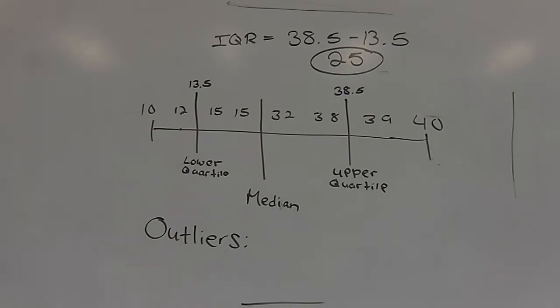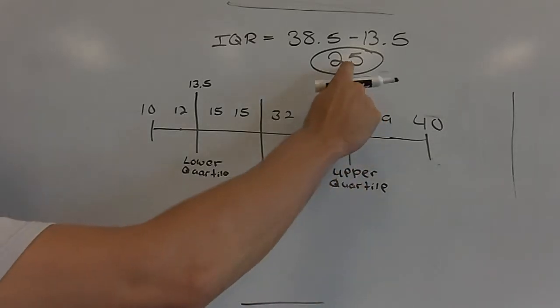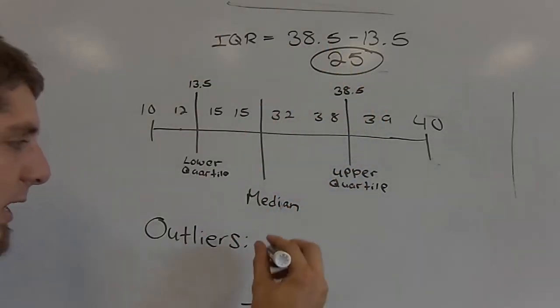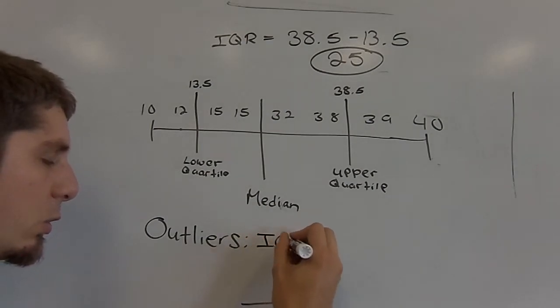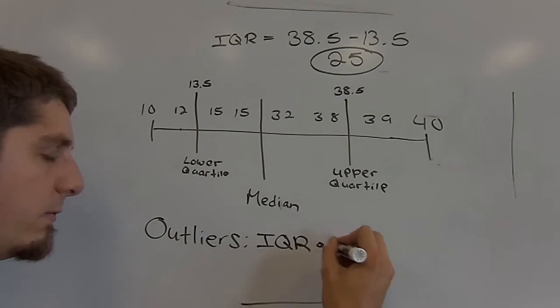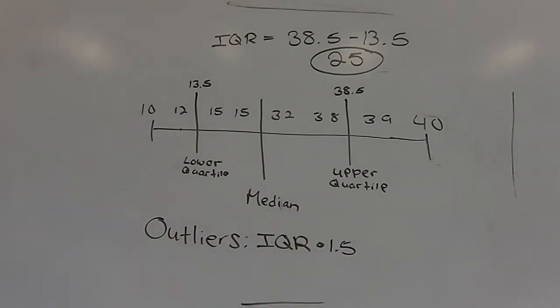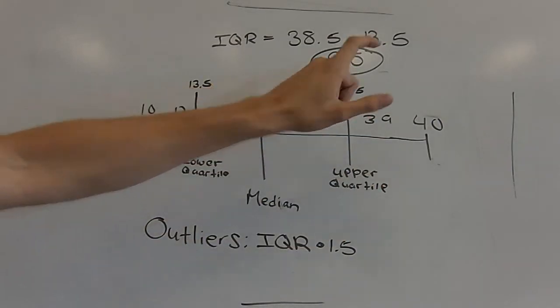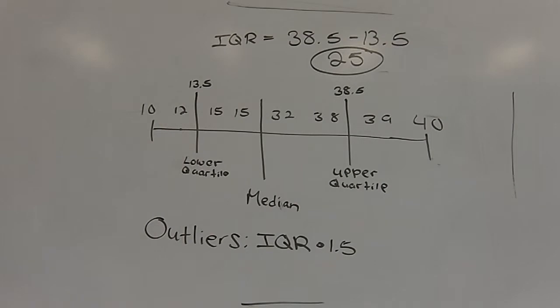What you do to find the outliers is you take the interquartile range, which in this case is 25, and you multiply it by 1.5. So we're going to take the interquartile range times 1.5. Okay? So in this case, interquartile range times 1.5 would get me 37.5.